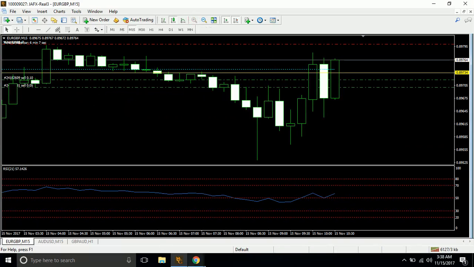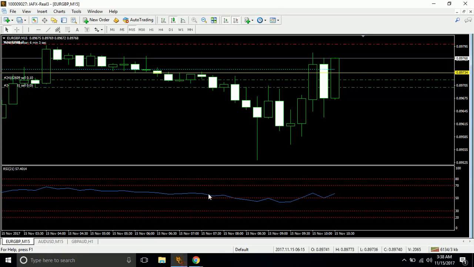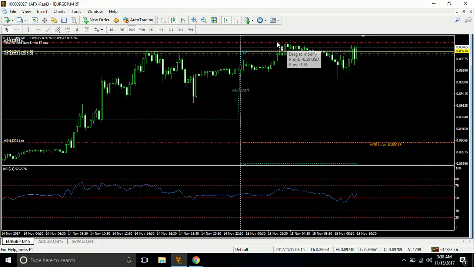But we do have some high impact news coming on the pound, so that might spike it up above that high, but we got our stop literally sitting right on it.